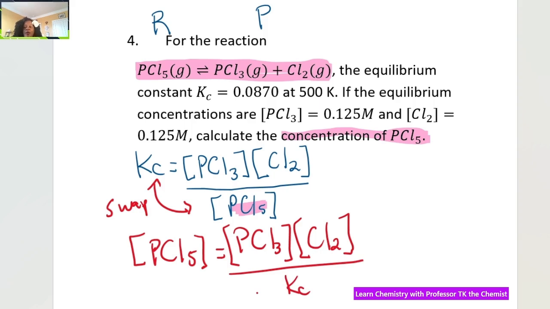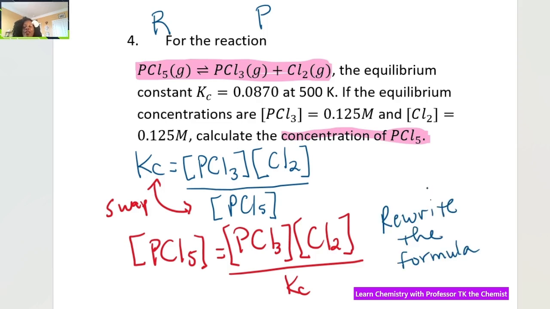I'm going to let you guys marinate on what I just did. I swapped the bottom component for Kc because they want us to find PCl5. So we rewrote the formula.